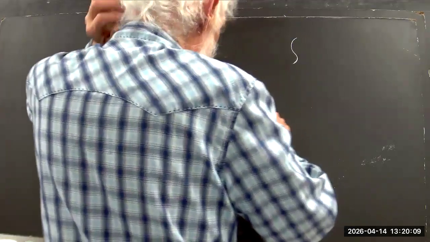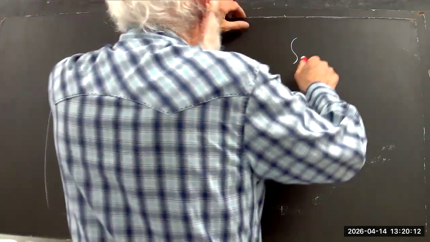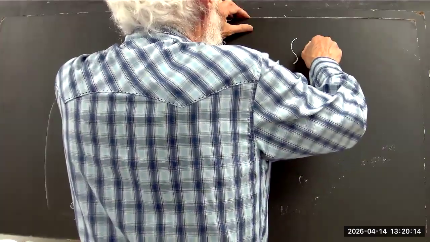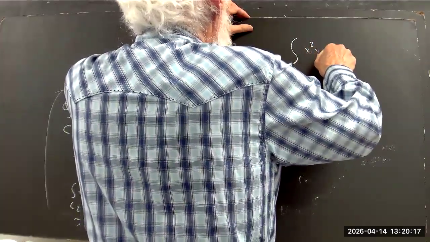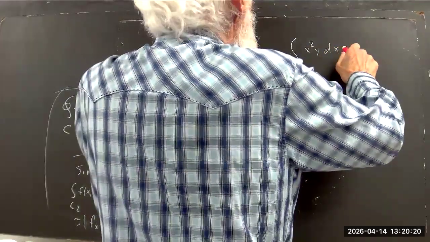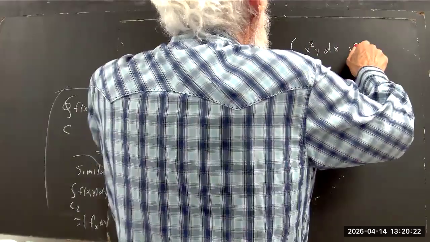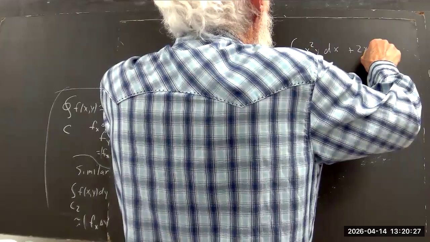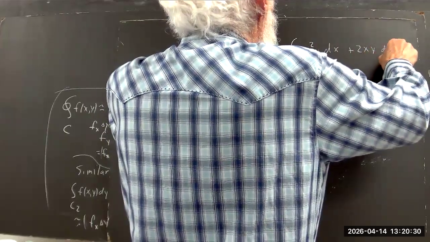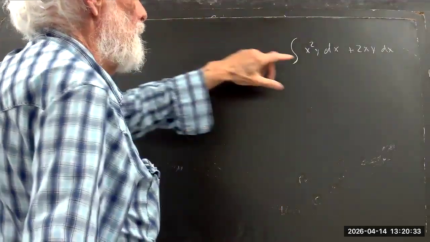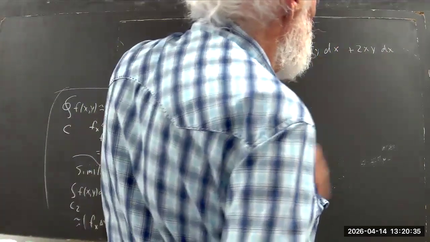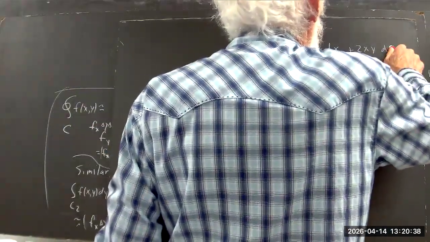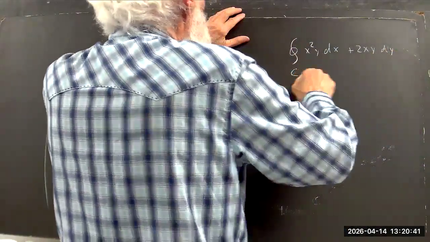We want to do the integral of x squared y dx plus 2xy dy over some closed curve.